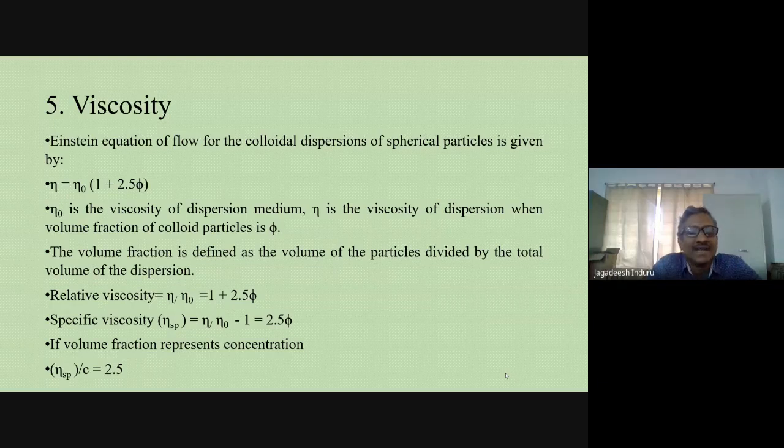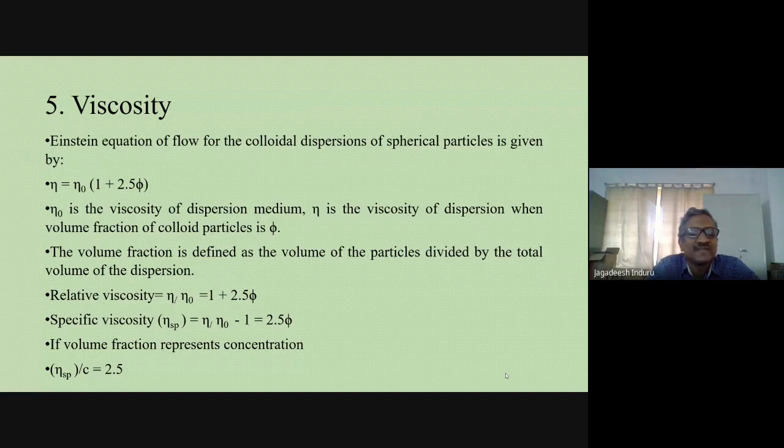If the volume fraction is represented by the concentration, most of the time in grams per ml, that is CGS units, then η specific divided by c gives 2.5. So now you have relative viscosity, specific viscosity, and η specific divided by c, which is called the reduced viscosity.